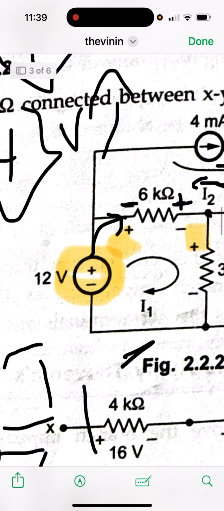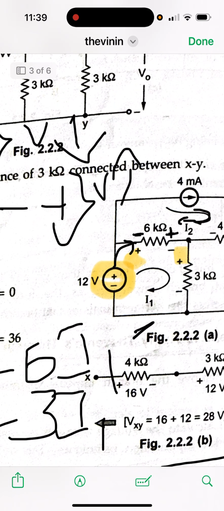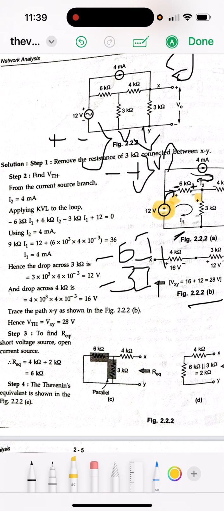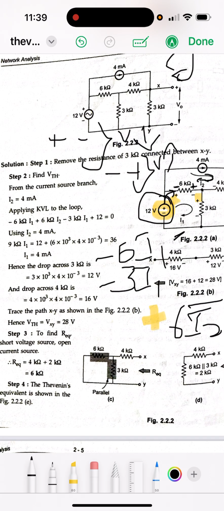But I1 is coming opposite to it, so it is plus 6 I2 here. Correct? And this is minus to plus, so voltage rise, plus 12. I hope you understood this.